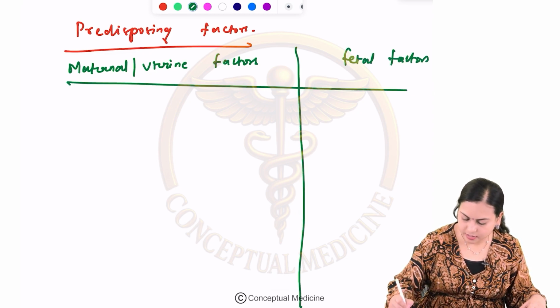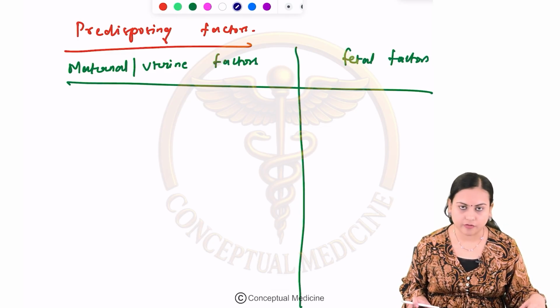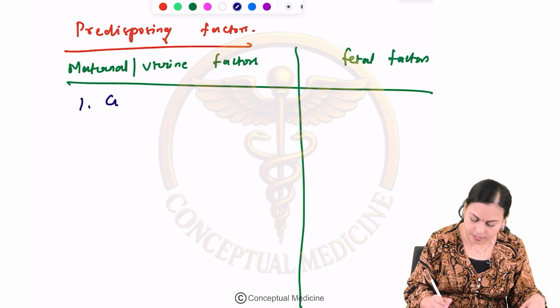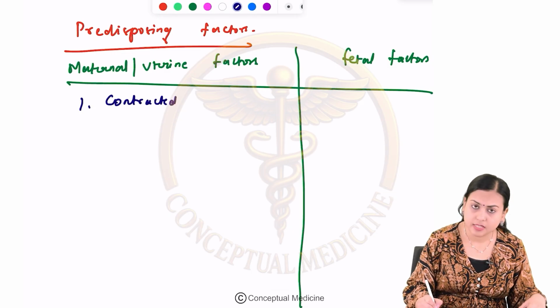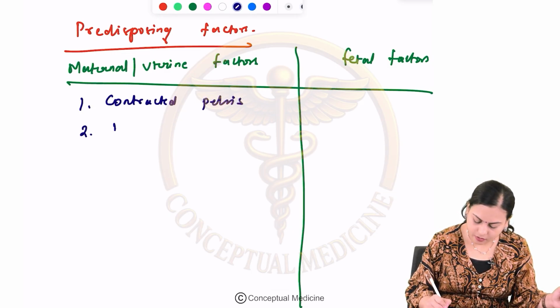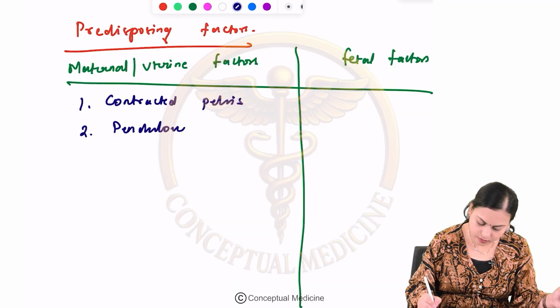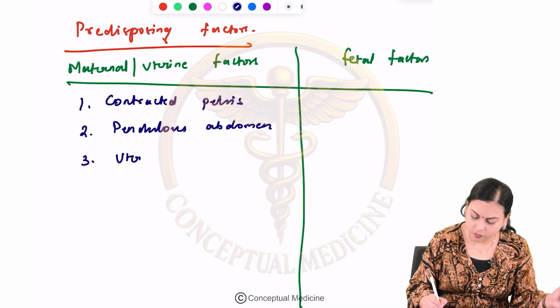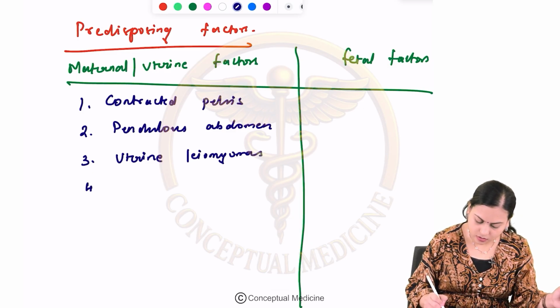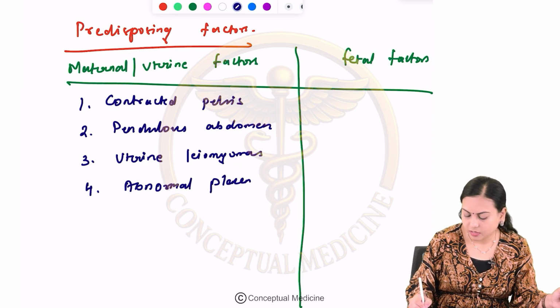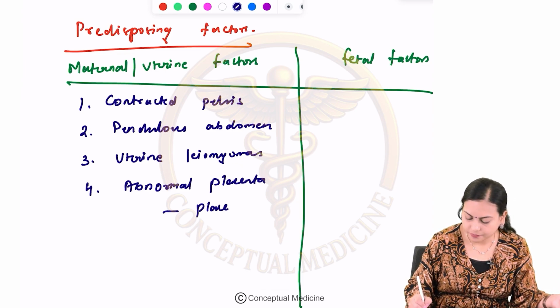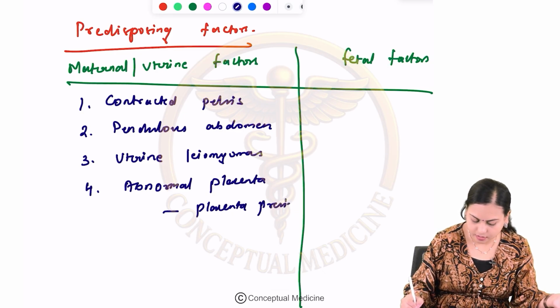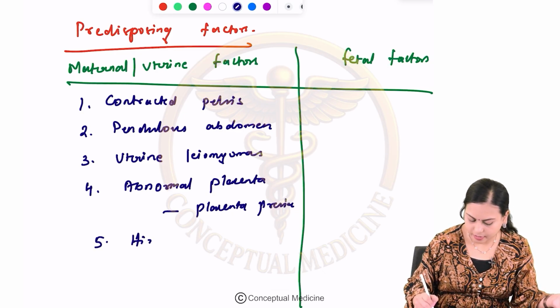So, first let us check the maternal and uterine factors. They can be contracted pelvis, or pendulous abdomen, uterine leiomyomas if present, abnormal placenta previa that is causing obstruction, then hyperextension.